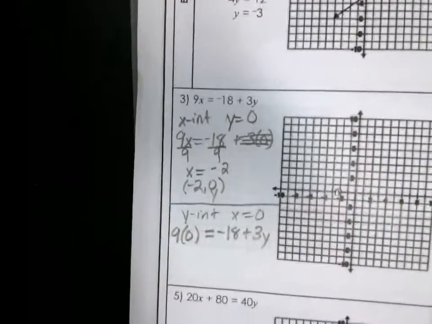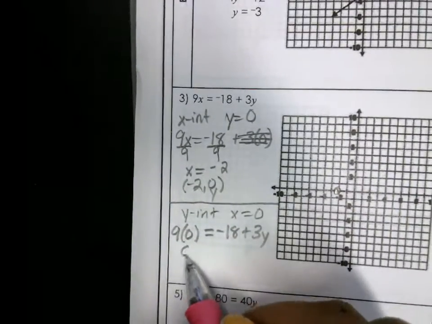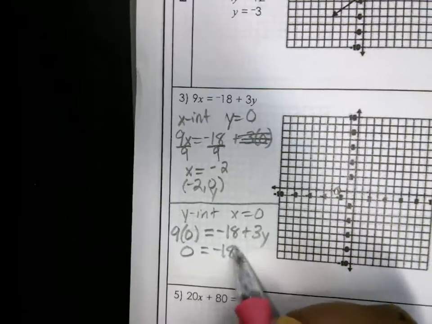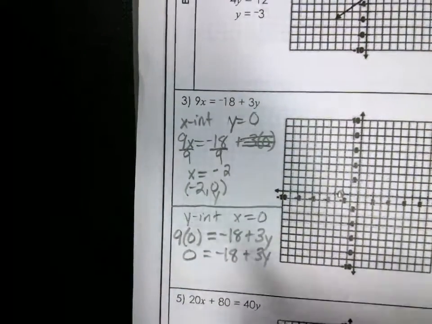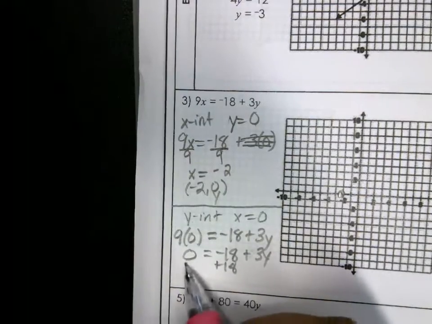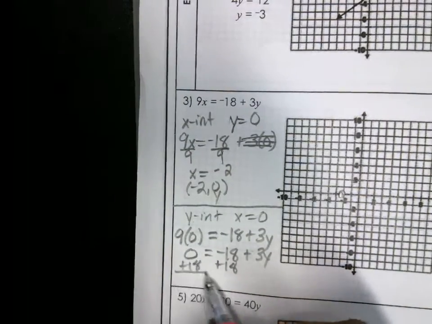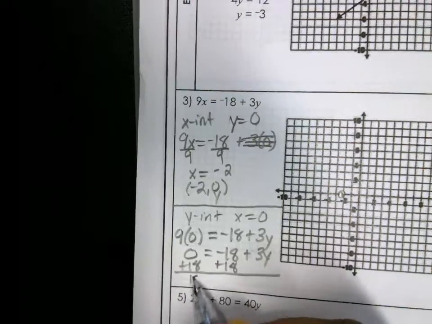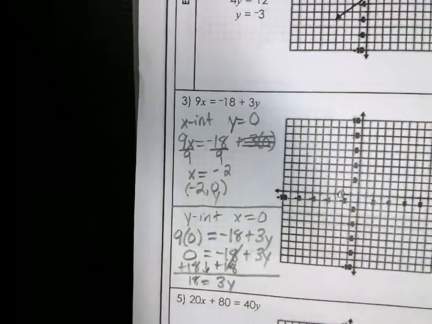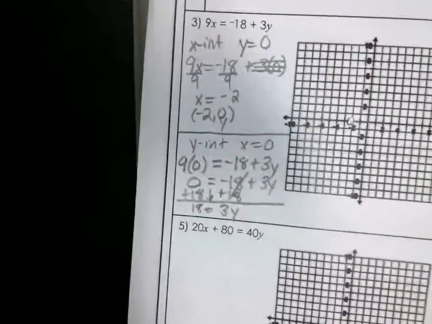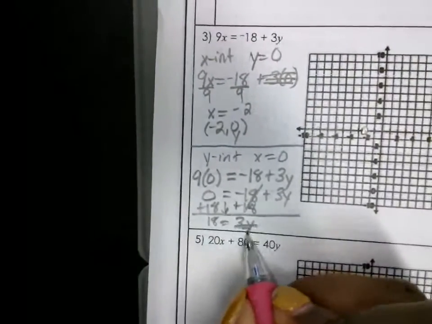So let's solve for y. This side is 0. What are we going to do to get y by itself? Not yet. Add 18. Add 18 first. Do you understand that? So now when you add 18, this gives you 3y. Now what are you going to do to get y by itself? Now you divide by 3.